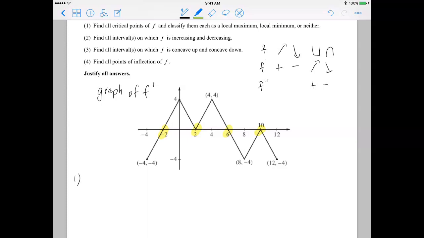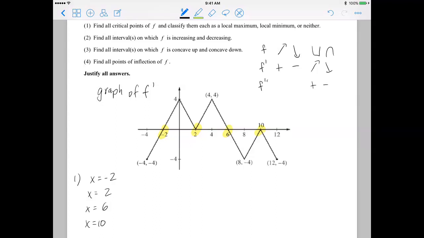So we have 4 critical points, and I'm going to write those down in a linear fashion so that I can write a sentence next to them that describes what type of critical point they are, whether it's a max, a min, or neither. So we have x equals -2, positive 2, 6, and 10.